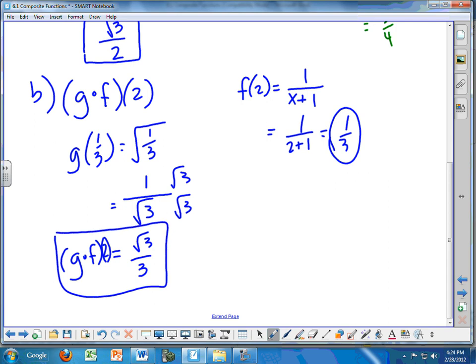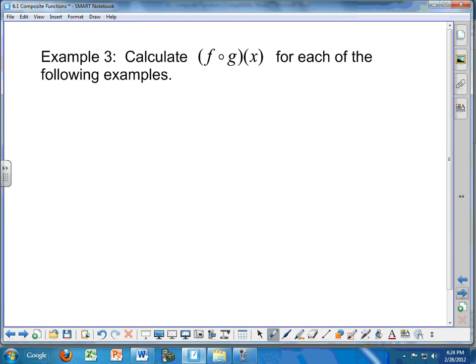And for this video, let me finish out by working on calculating f of g of x. So in this case, I'm not using any numbers over here anymore. I'm just going to do f of g of x. Let's start with this first one here. F of x is 2x plus 1.